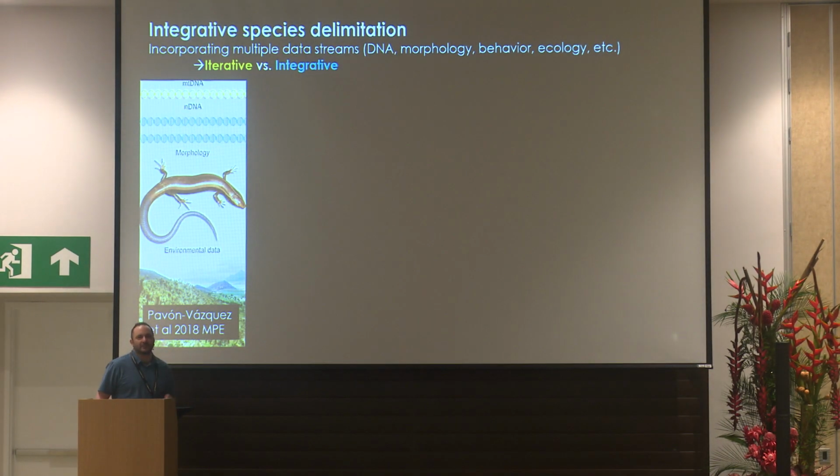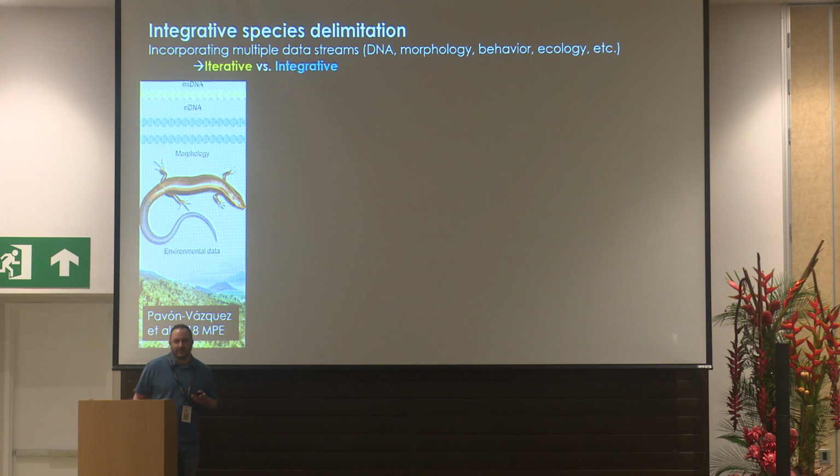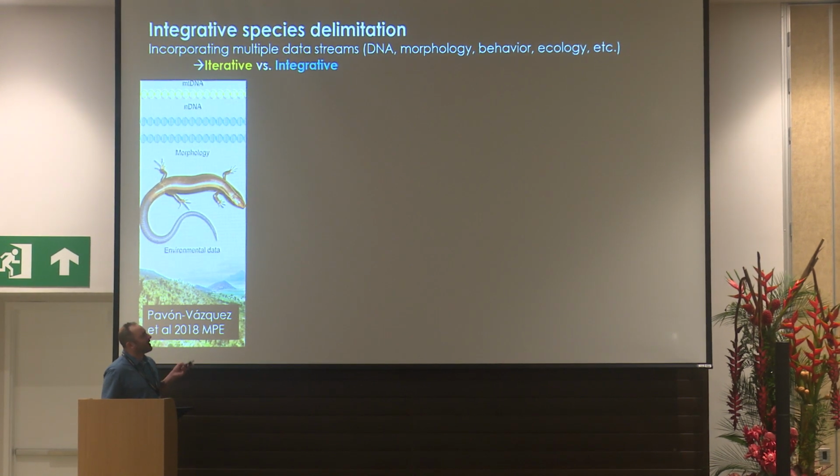Okay, so integrative species delimitation. Basically, this describes the process of analyzing multiple data streams in species delimitation. This could include molecules, so DNA sequences, morphology, behavior, ecology, phenology, et cetera. So integrating multiple data sources.